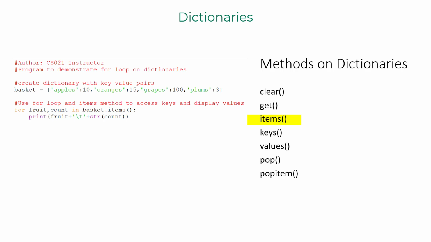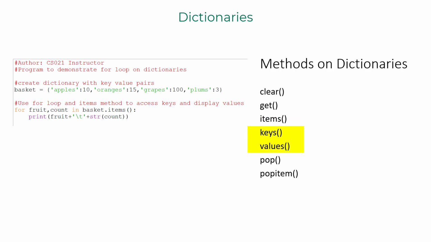For fruit, count in basket.items, print fruit, count. Like I said earlier, you will need enough practice to internalize these methods on dictionaries.